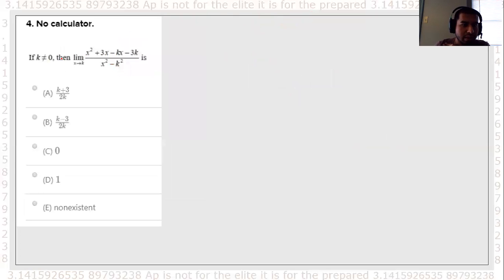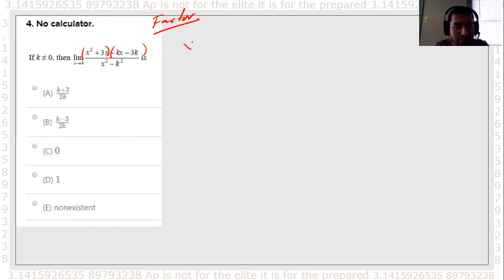The next one, remember, whenever we have a limit that we can't really, I mean, we know how to do L'Hopital's rule, but without using L'Hopital's rule, the other method to finding limits was factoring. Do you guys remember that? Factoring. So we would factor these.